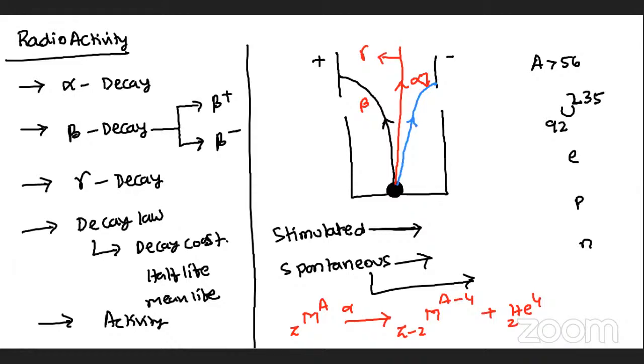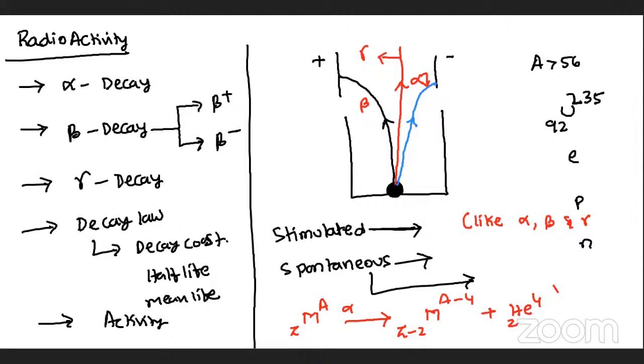Inside brackets write alpha, beta, and gamma radiation.